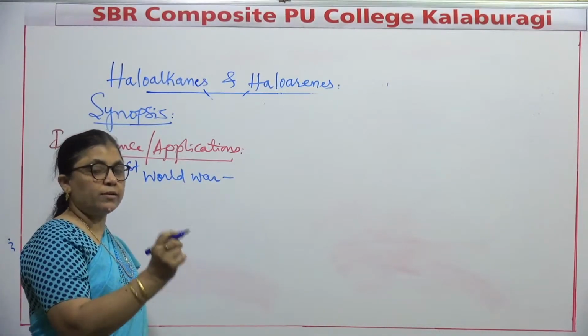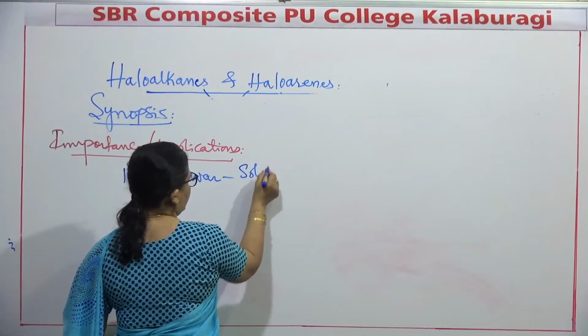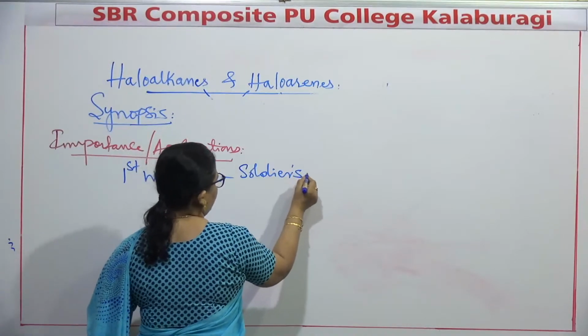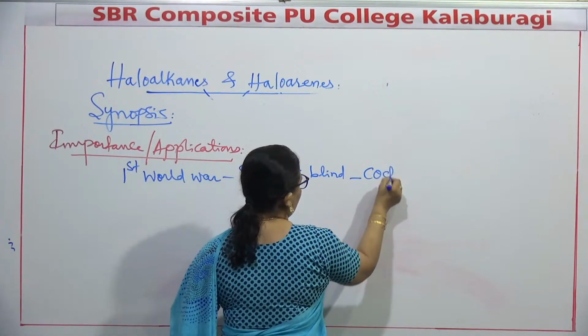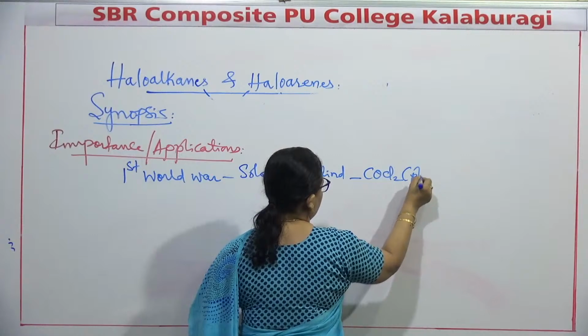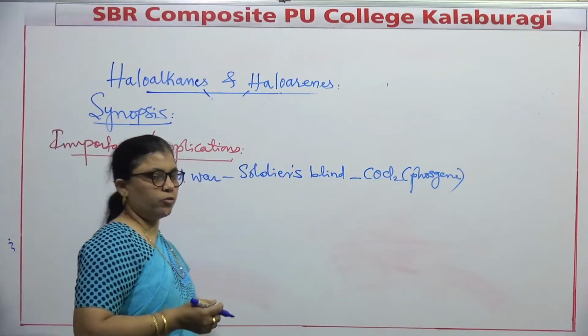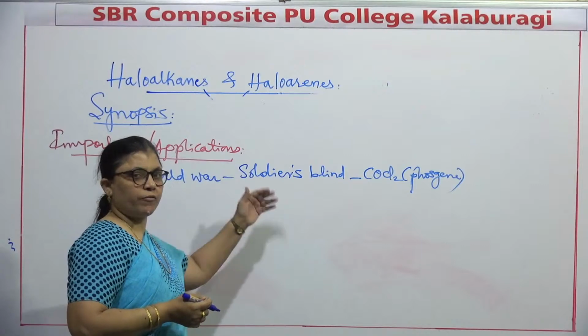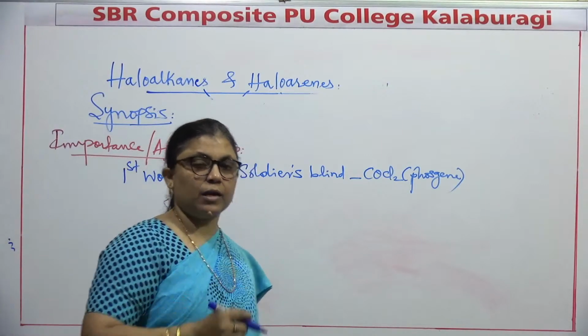many soldiers became blind due to carbonyl chloride, that is phosgene. This was used in warfare, and soldiers became blind.